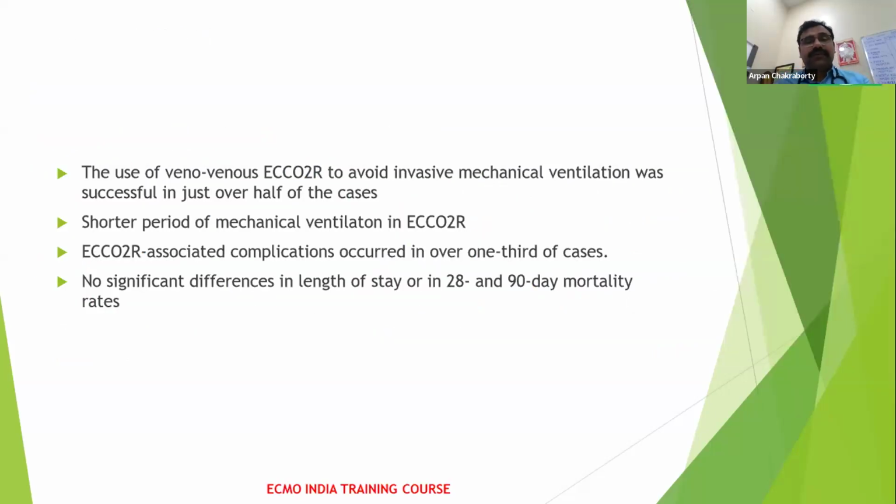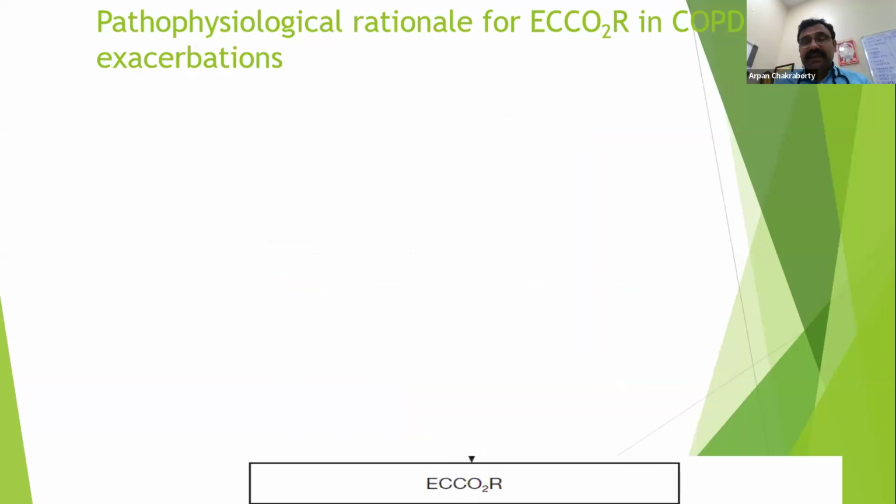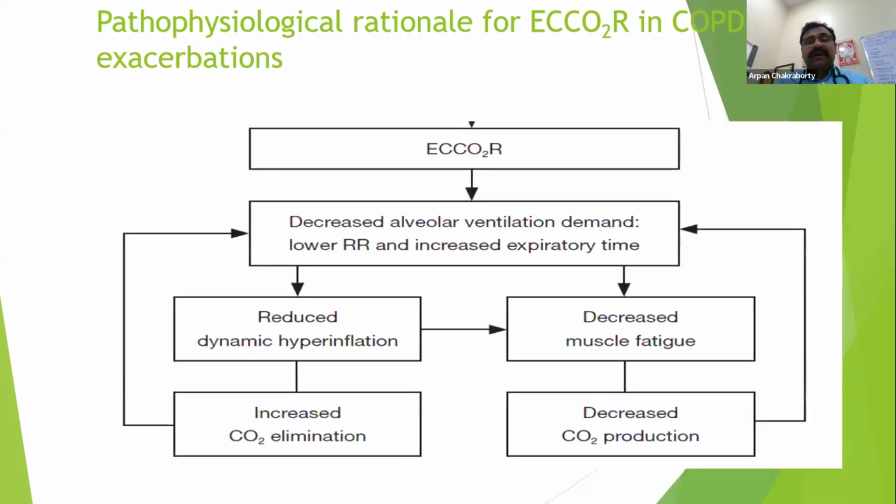Now, venovenous ECCO2R came into play in subsequent studies, and they established the pathophysiological rationale of ECCO2R in COPD exacerbations: by using ECCO2R, there is a decreased alveolar ventilation demand, a decreased respiratory rate and increased expiratory time.